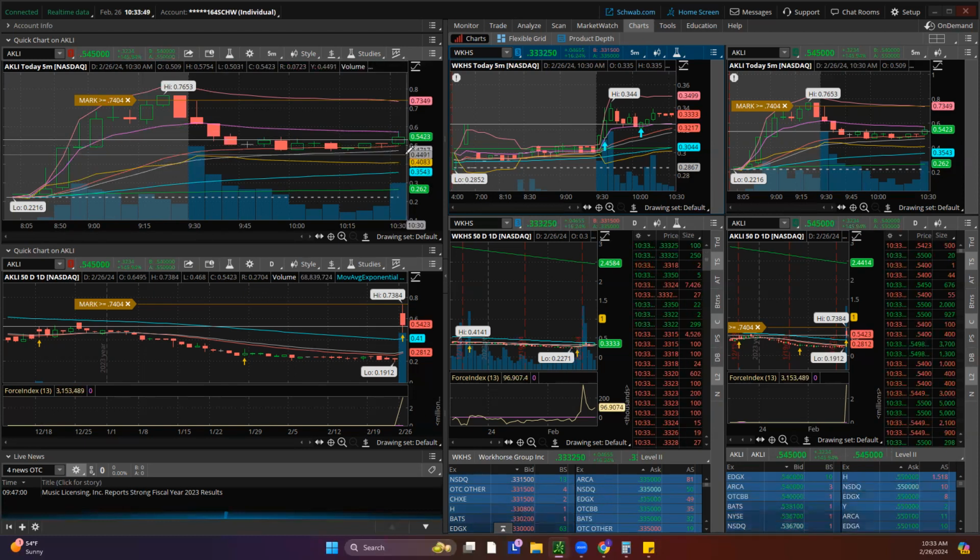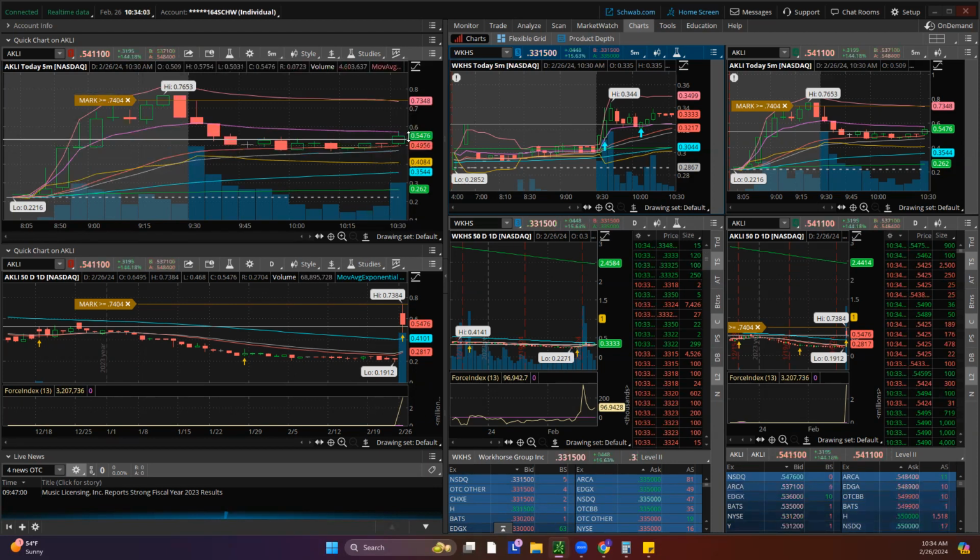But now again, it's still above the 21 EMA, which is bullish. I now only have 10% of my position left, and so I will let this ride. I will see if it's gonna come up above, or if it just fully rejects, I'm just gonna sell the last 10%. There's 45 seconds left in this candle.